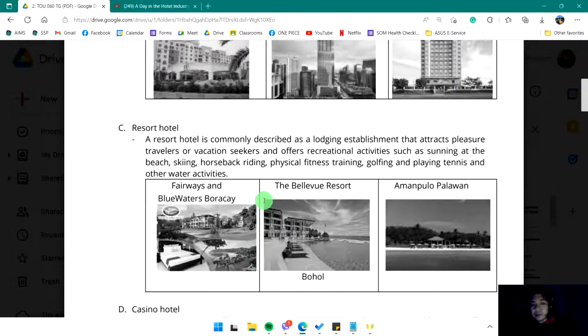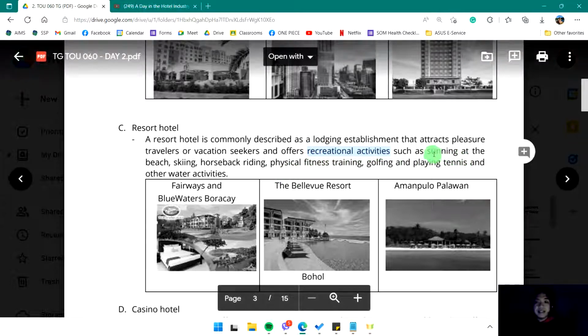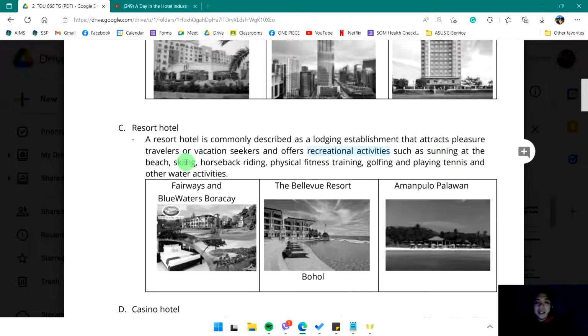Next, we have here the resort hotels. So based on the name itself, they are for vacation seekers. They are for pleasure travelers. Primarily they can be found in beaches or near the coasts, wherein a lot of recreational activities can be done, such as simply getting some tan at the beach, skiing, horseback riding, and any other physical activities that can be done outside for recreational purposes.